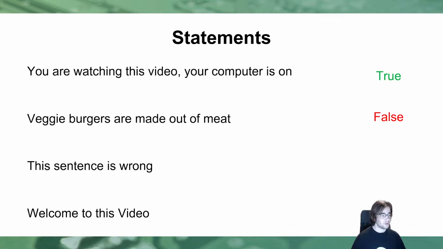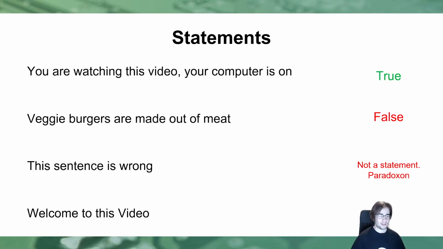Then I have two more things that are not statements. First of all, we have: this sentence is wrong. This is a paradox, meaning it is neither true nor false, so it is not a statement. And also: welcome to this video. Hello. This has no truth or false value.